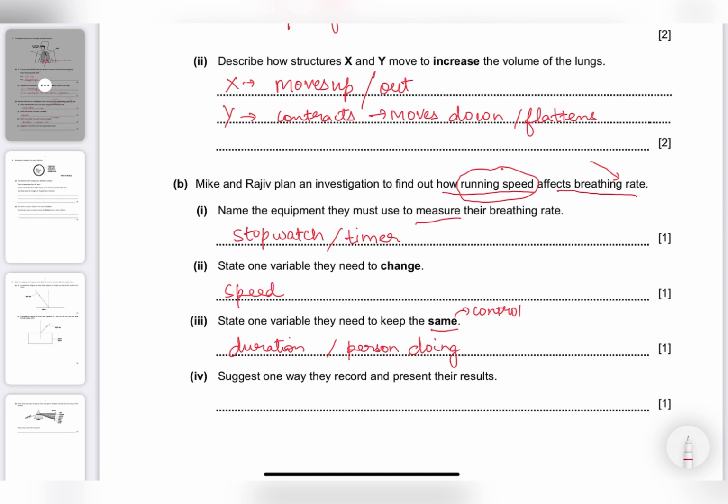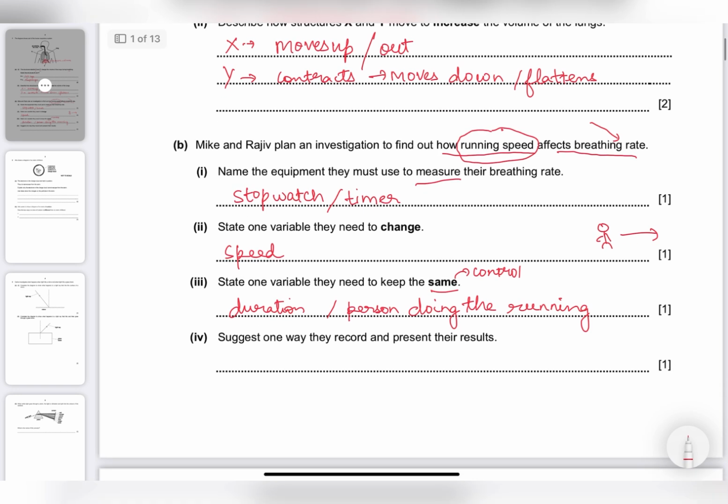If they are using different person, they will get different results. Imagine you doing a running. You will have different rate and your brother or your friend will have different rate. So we have to keep the same person doing the running. Then only we can investigate. So this is our control variable, which we keep same during the investigation.